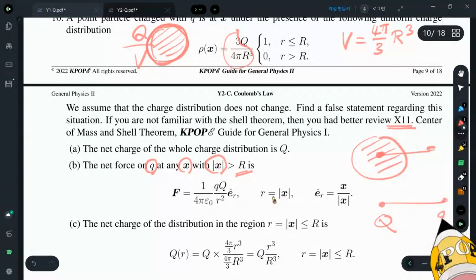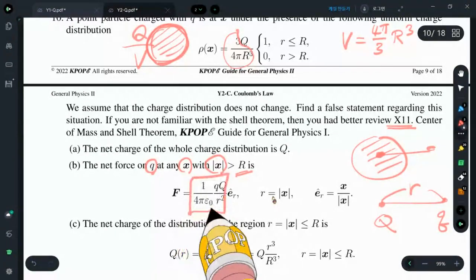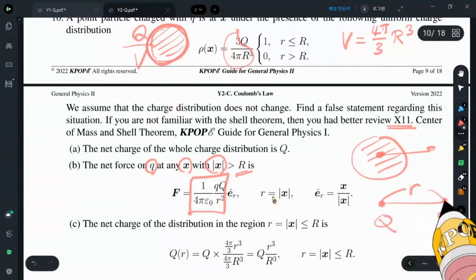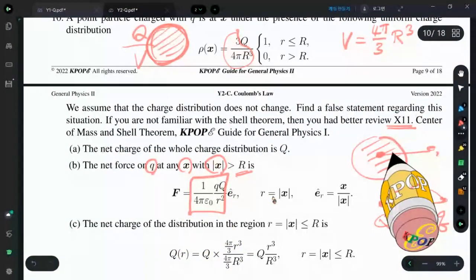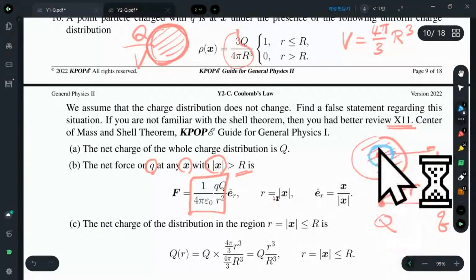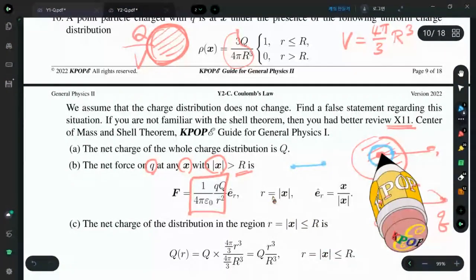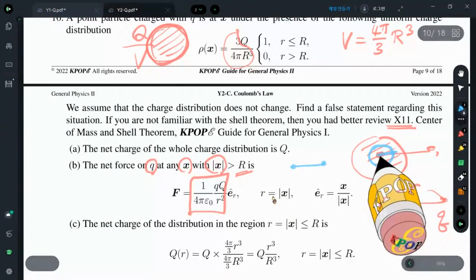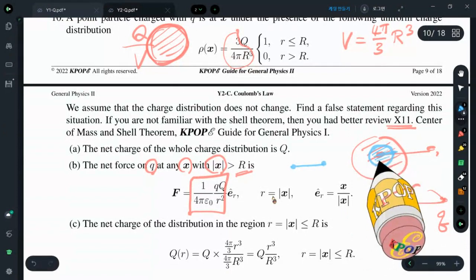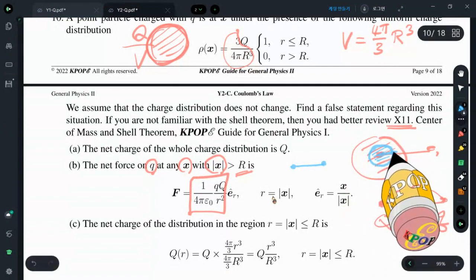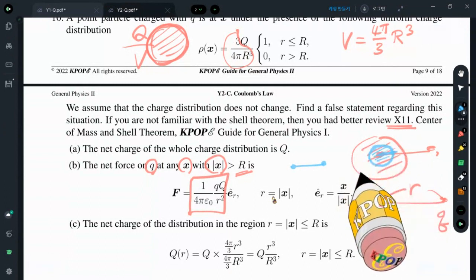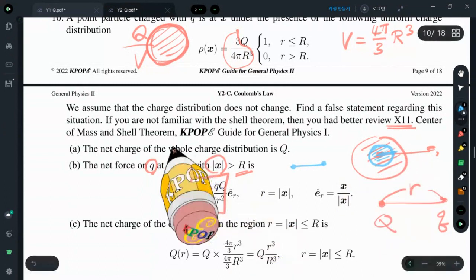And if there is another charge Q at distance R, then the force can be computed just like the point-like case, right? In case this small charge Q is placed here, for example, the distance between the two charges is this, and the amount of charge of this object is this, instead of the whole amount, because outside this shell, the contribution is exactly zero.